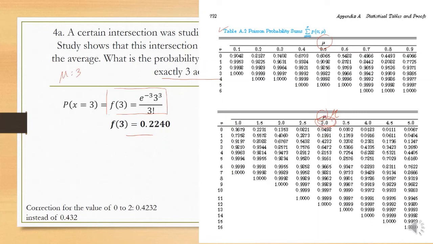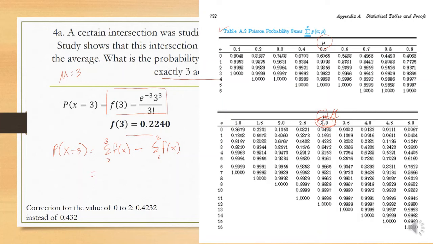And then, kung exactly 3, ang sabi natin, dapat ang ating f of x will be from 0 to 3 minus yung f of x natin na 0 to 2. Sabi natin, ima-minus natin yung less than 3 natin. Okay?